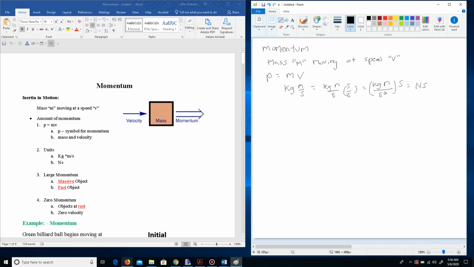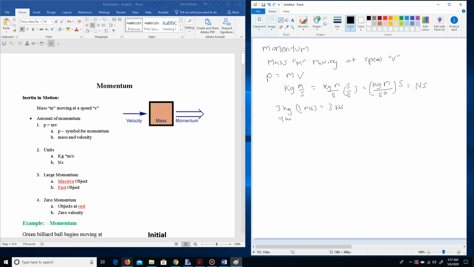So for momentum, if we have a larger mass, we have a higher momentum. If we have a larger velocity, we have a higher momentum. So if we increase the mass, we're increasing the momentum. If we increase the speed, we're increasing the momentum. Another way of looking at this is if the mass is 3 kilograms moving at 1 meter per second, it has a momentum of 3 Newton seconds.